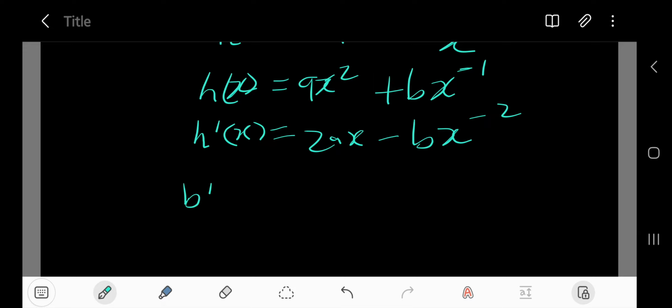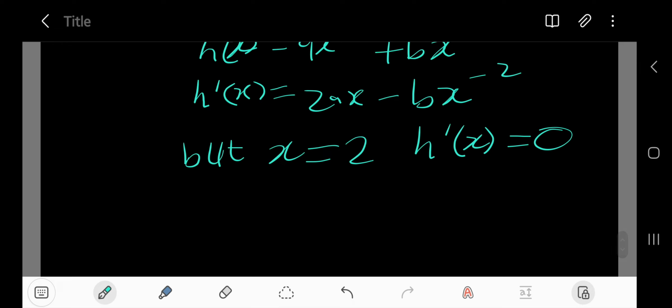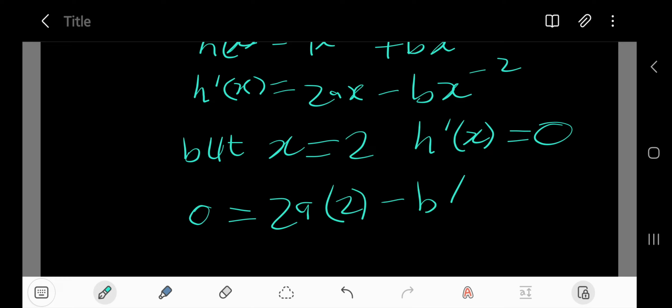But at x is equal to 2, our h prime of x is equal to 0, because that is the x value of our turning point. It means our derivative is equal to 0. So now let's replace. 0 is equal to 2a, our x is 2 in this case, minus b into 2 to the power negative 2.